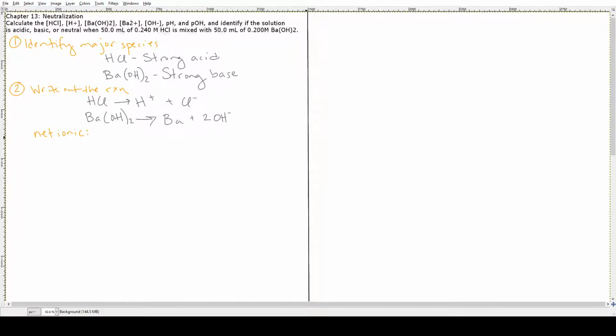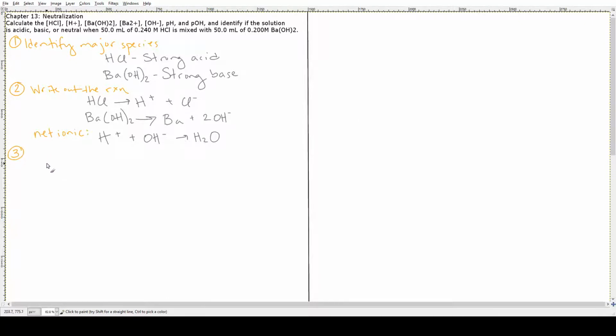For a strong acid or base neutralization, the net ionic is always, always, always H plus and OH minus reacts to form water. So if you were to write out the ionic reactions, the total ones for each of these, you would be able to add them together and get this net ionic. So that's cool. We'll use it later.